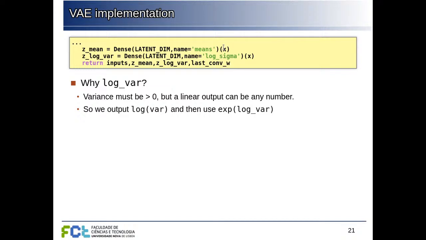So if it's negative, it's below 1. If it's positive, it's above 1. But then we just use the exponent of that to get the variance. Also, this makes it a bit more stable for all the numerical computations. It avoids problems of having to cut this distribution, for example, at 0.